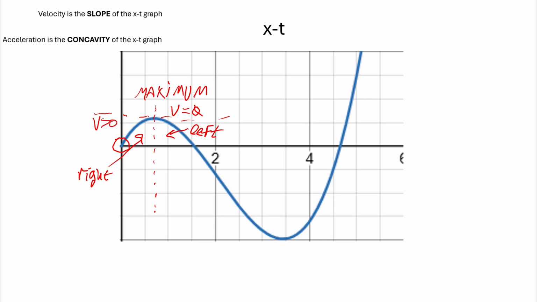In fact, the object continues to move left because it trends downward, downward, downward until it comes to another turnaround point. In this case, this is a minimum. So the object has a negative slope in this entire region, and so it's moving left in that entire region.